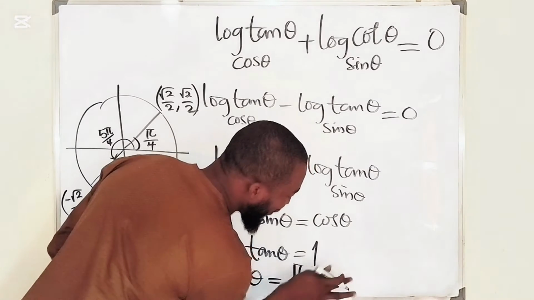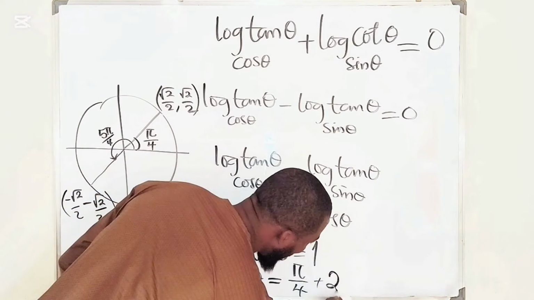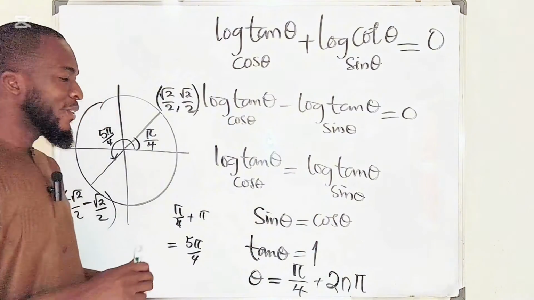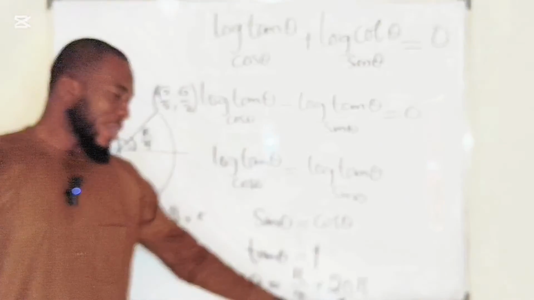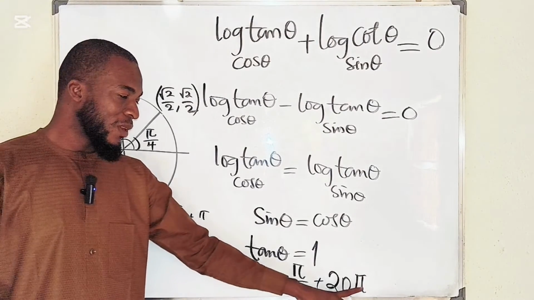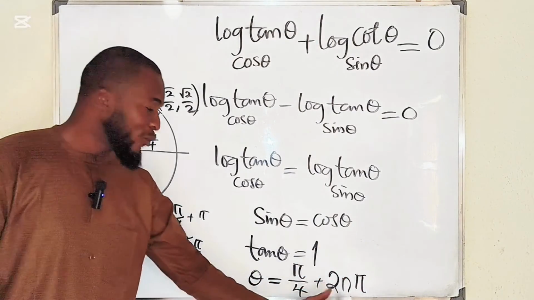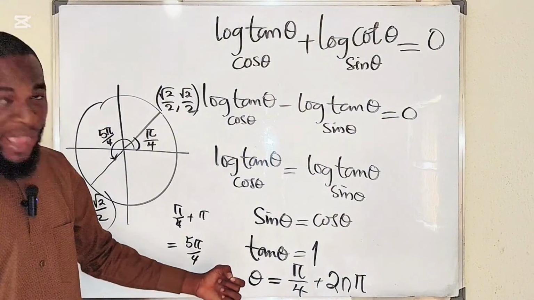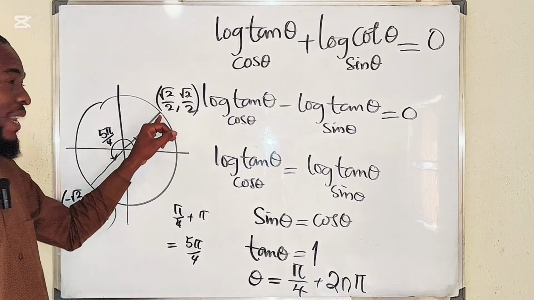This is why I say you have to be very careful. So now, when n is 1, we have n times 2 is 2, then 2 times pi is 2 pi. Then 2 pi plus pi over 4 will give us 9 pi over 4.